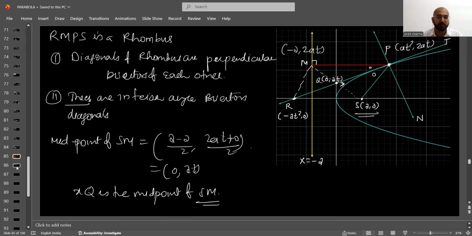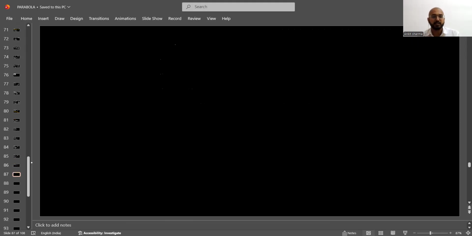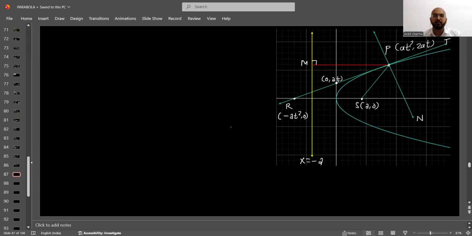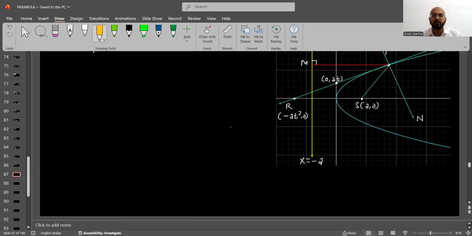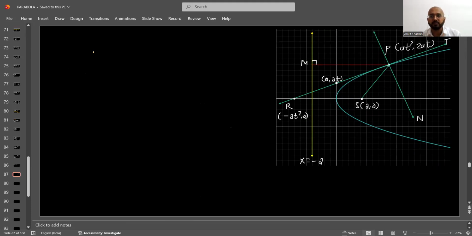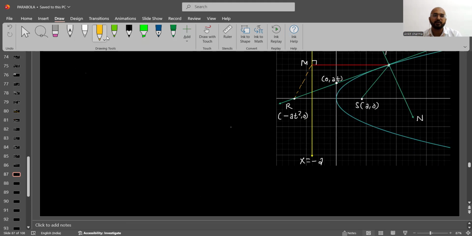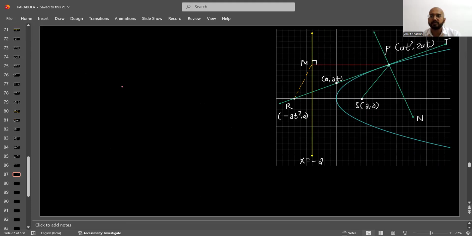So what does the reflection property mean here? Okay, let's write it down. For the reflection property, imagine this red line. So this red line I'll be completing now.